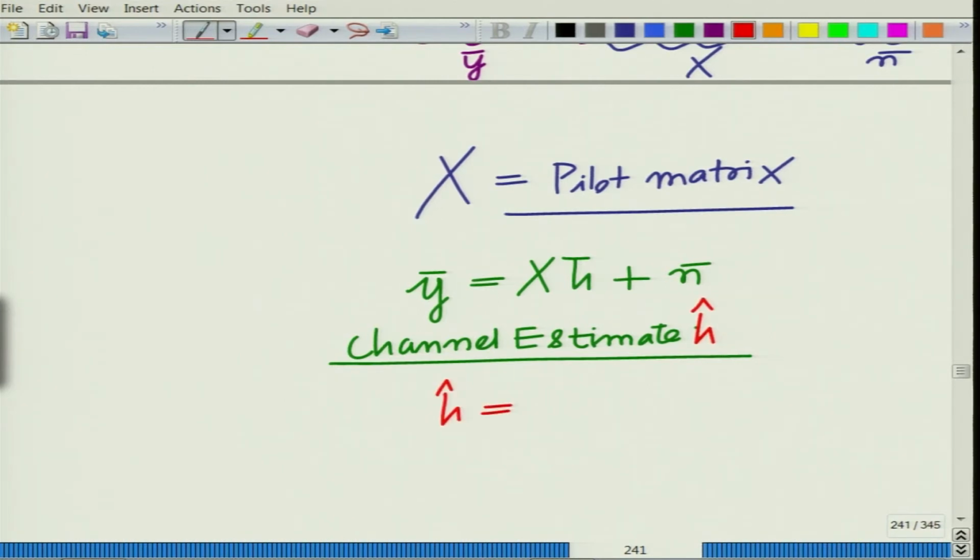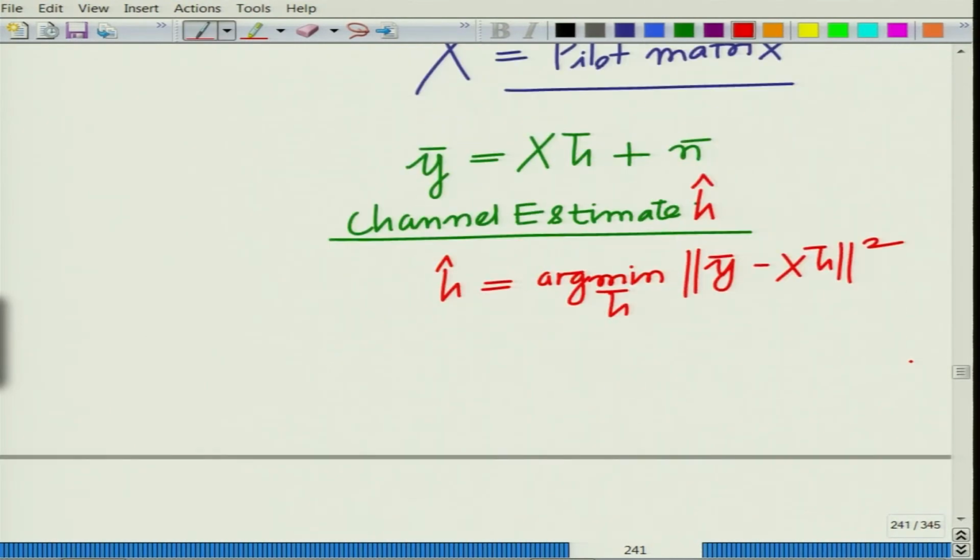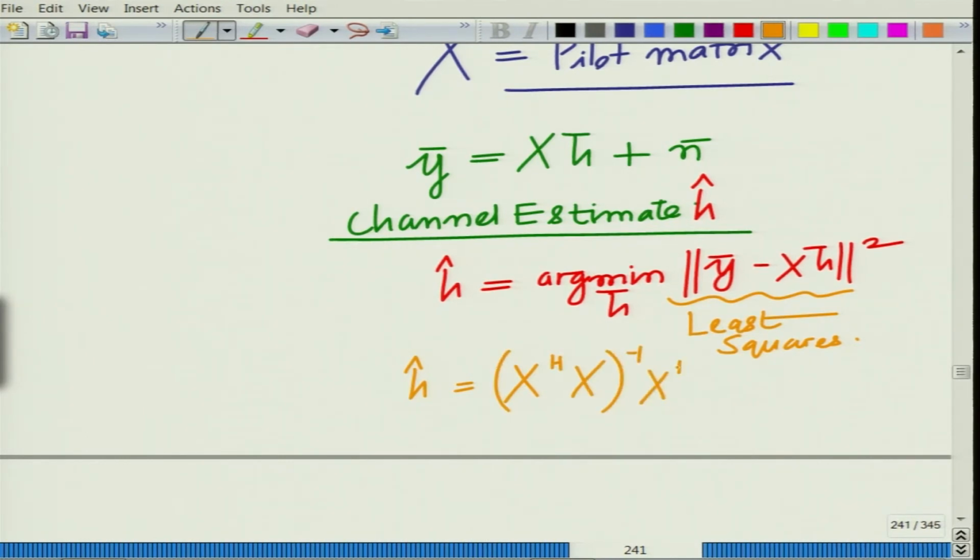Now, H hat can be defined once again as the H bar that minimizes the least squares cost function. You can see once again this is your least squares cost function, and therefore, your H hat is once again given by (X Hermitian X) inverse X Hermitian y bar.